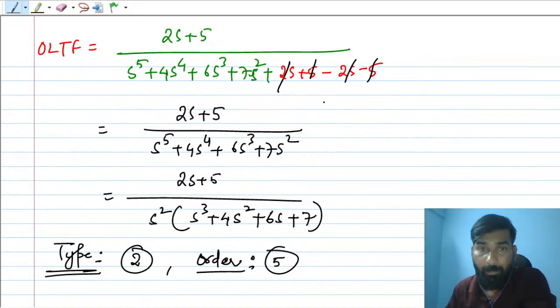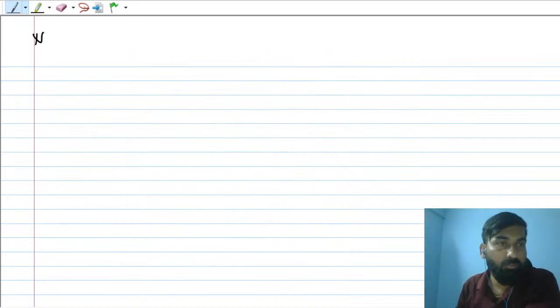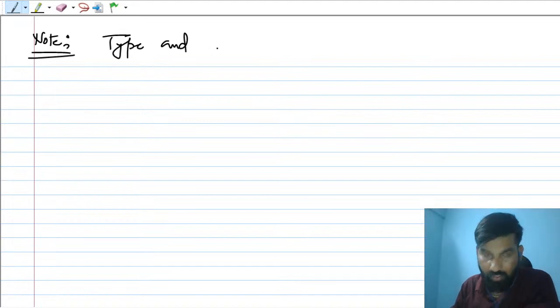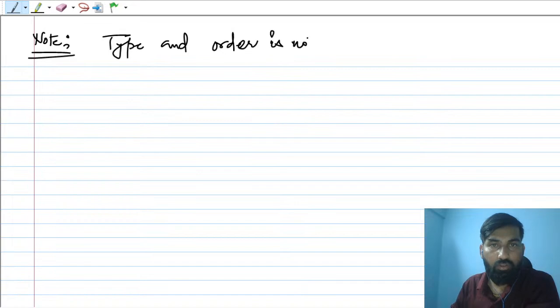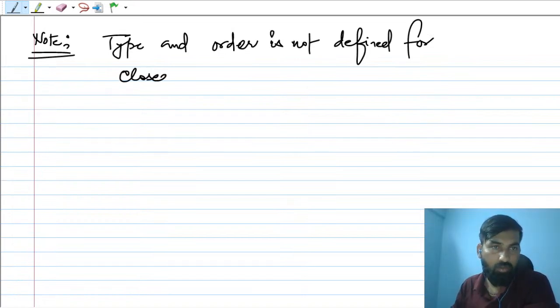Okay, so this is what the story is. What you have to keep in mind is that type and order are not defined for the closed loop transfer function.